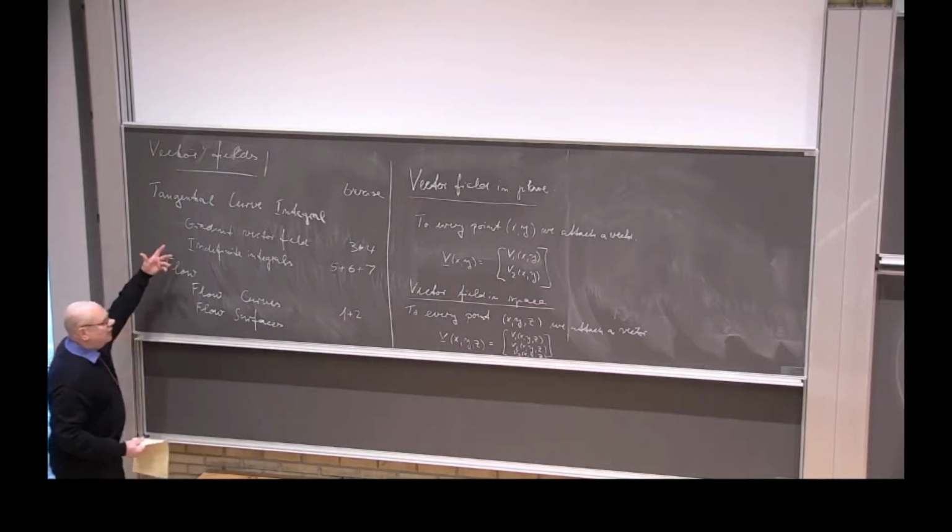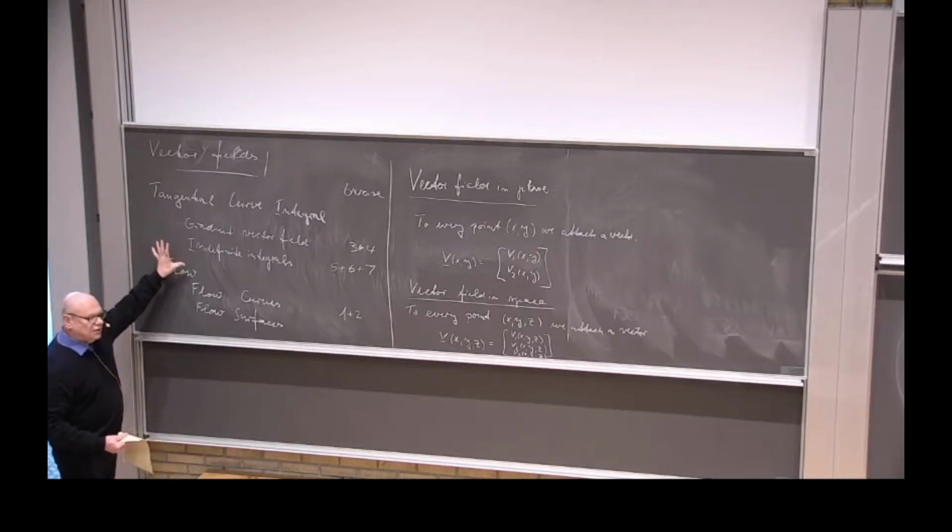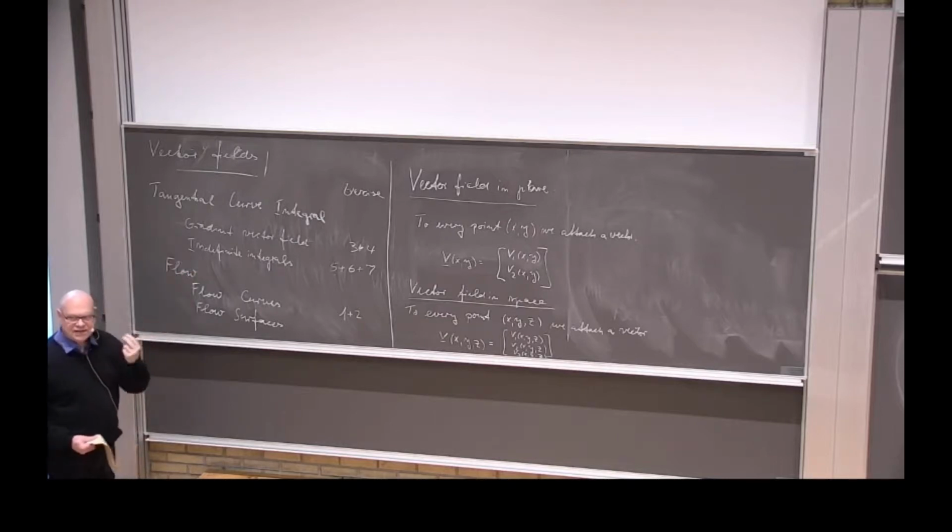And normally when we look at these two things here, we think of a force field, that is at each point there's a force operating, and it's doing something to a particle or what have you. Here you look at the vector field typically as the velocity.